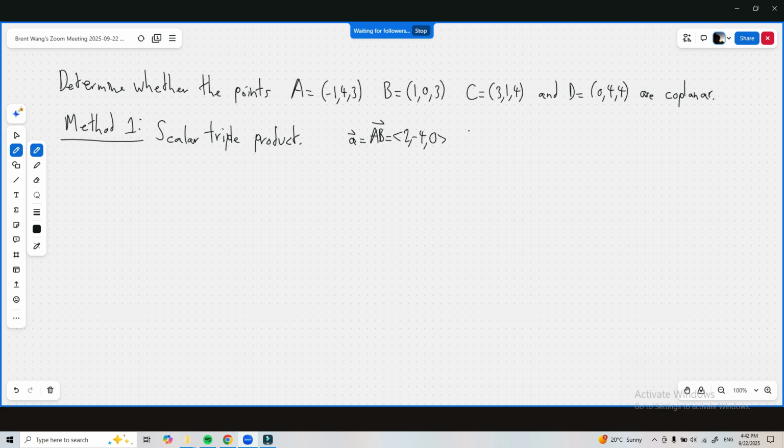Let vector B equal AC, which is equal to 4, -3, 1. And let vector C equal AD. And this would equal 1, 0, 1.